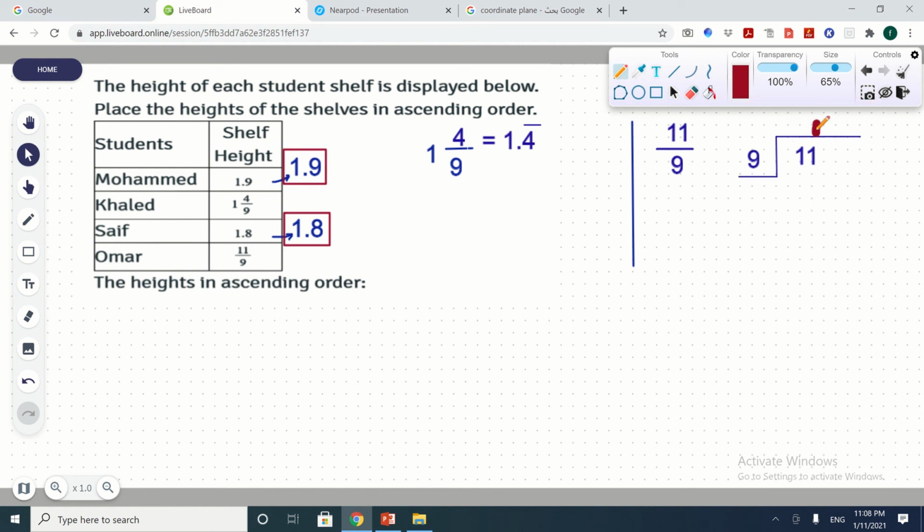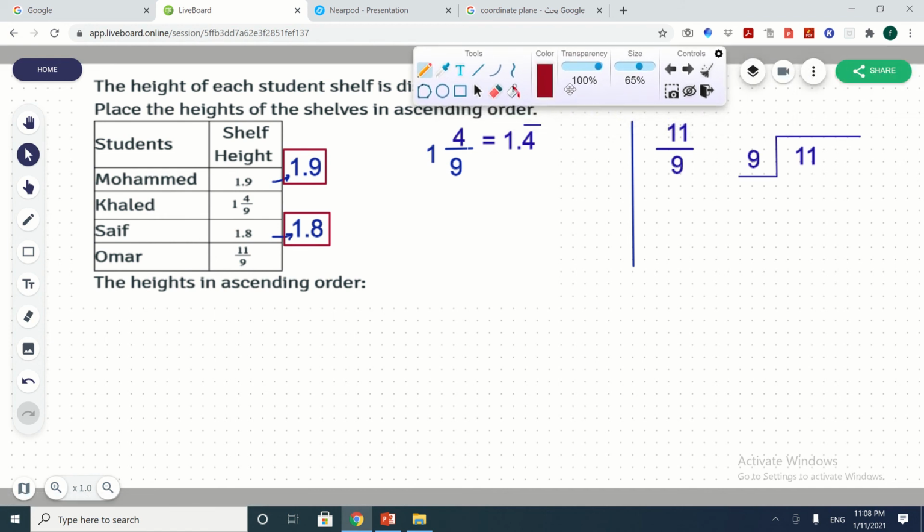Here we can write 1. 1 multiplied by 9 gives us 9. Subtract: 11 minus 9 gives us 2. We must complete this division.